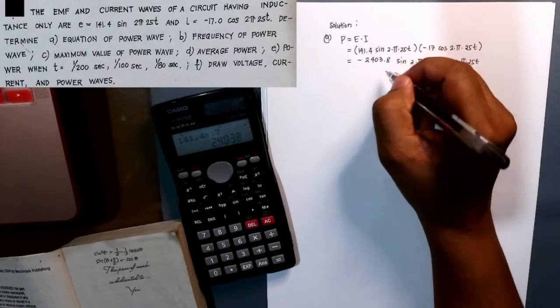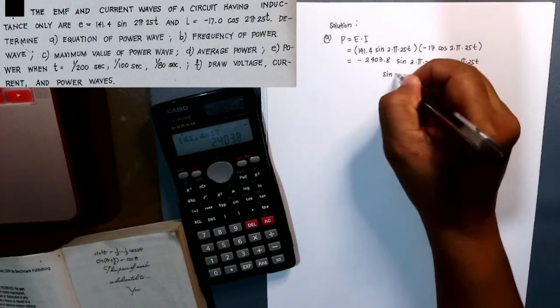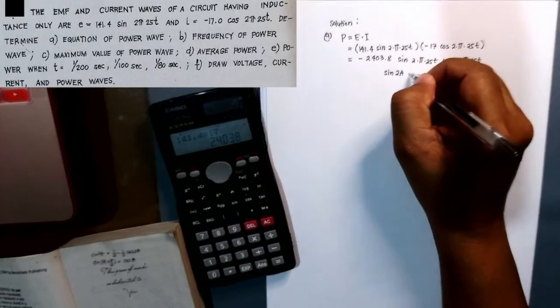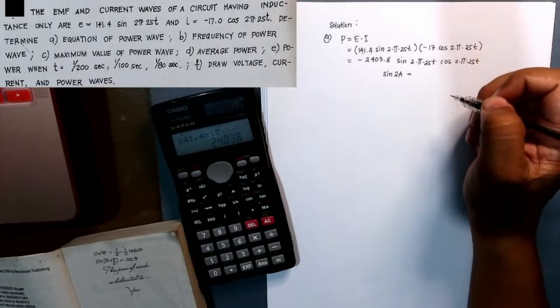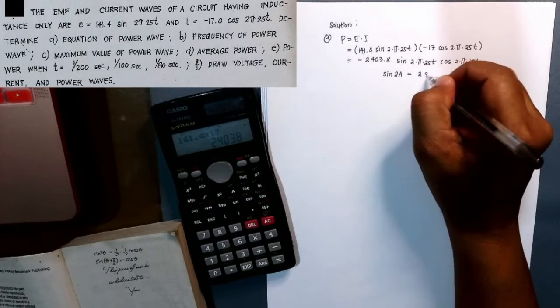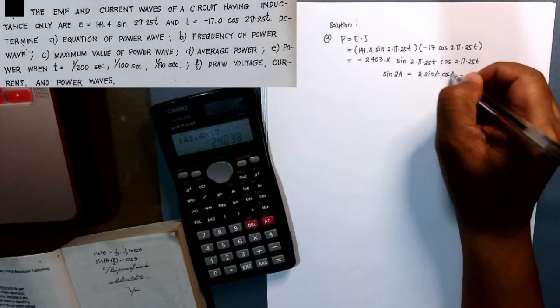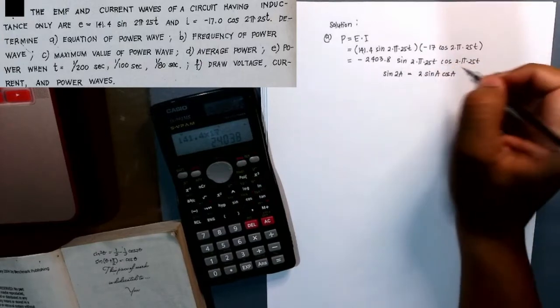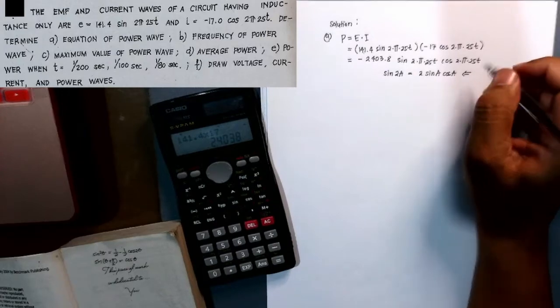Sine 2A is equal to 2 sine A cosine A. So this is the trigonometric identity that we are going to use.